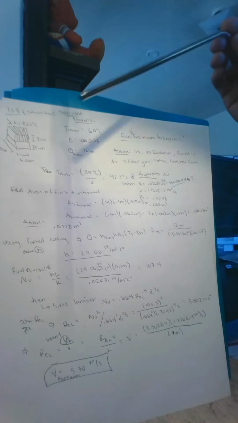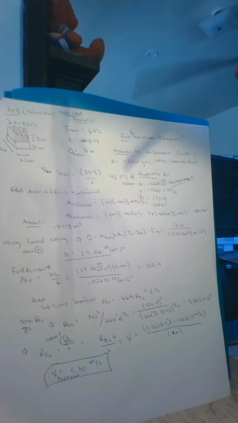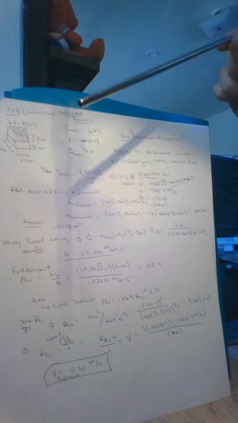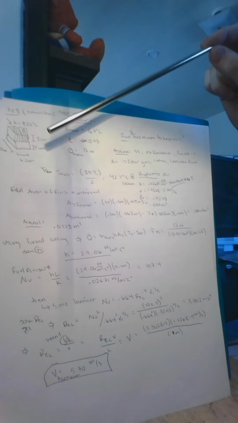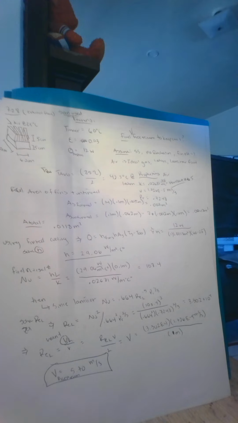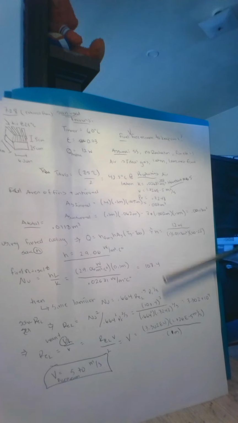The next question is 7-28, which had this external flow through a finned surface, which also had some base to it, and we were asked to find the heat transfer again, as well as the free stream velocity value.